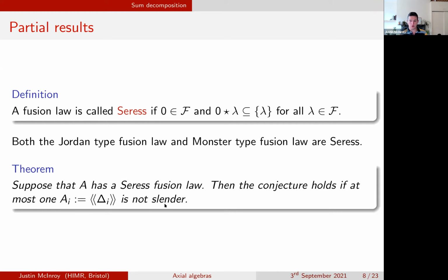So obviously we'd like to remove this slender requirement, and we'd like to remove this Shpectorov fusion law, but I think that this theorem answers that conjecture in a lot of cases, the vast majority of cases, I think.